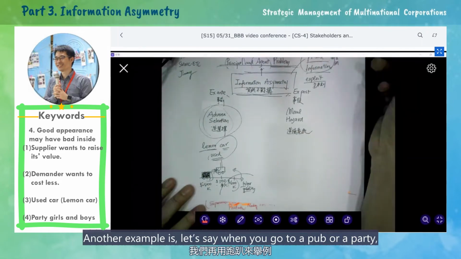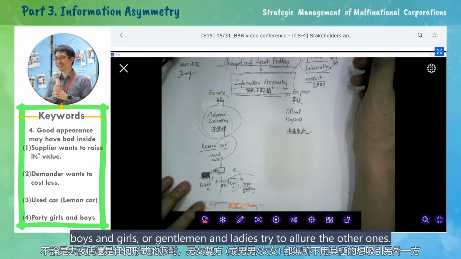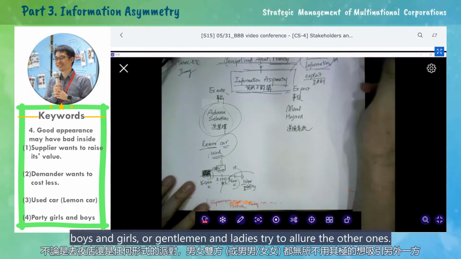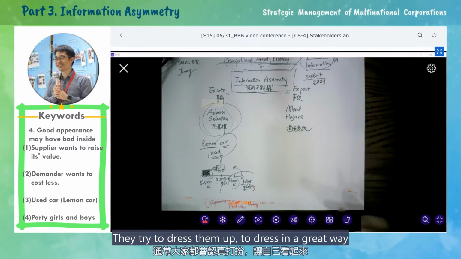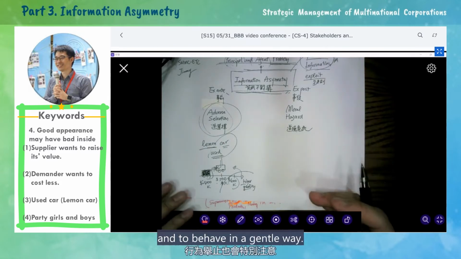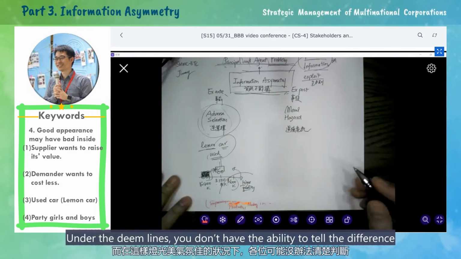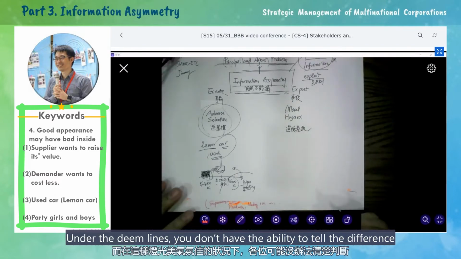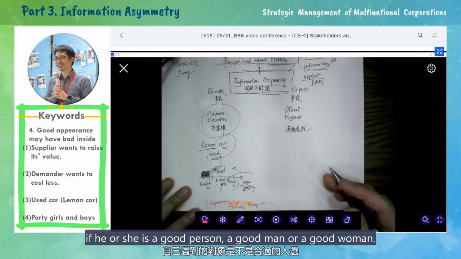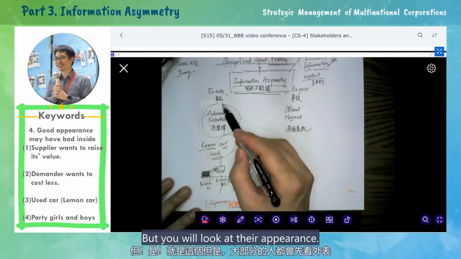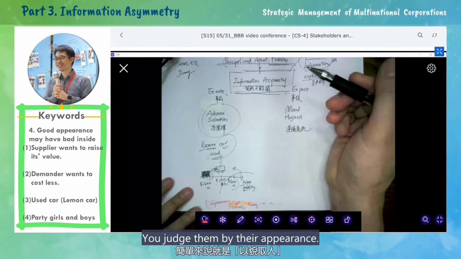Another example is a pub. When you go to a pub or a party, gentlemen and ladies try to allure each other. They dress up in a great way and behave very gently under the dim light, and you don't really have the ability to tell if he or she is really a good person, but you judge them by their appearance.